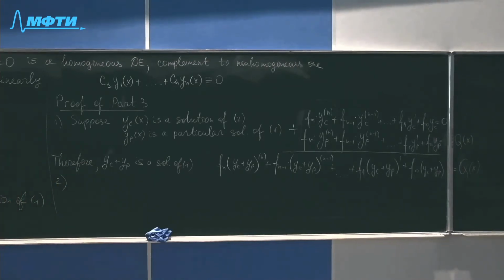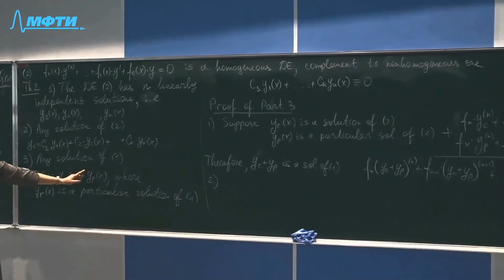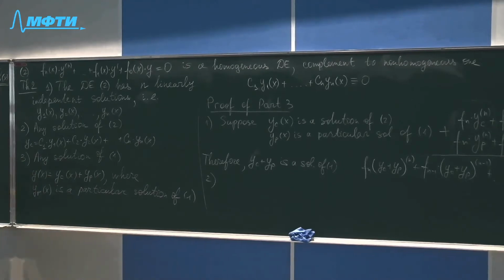Okay, so next, we must show the following. Suppose we know n linearly independent solutions of equation 2, and we can find their linear combination, so all linear combinations with arbitrary constants. And suppose we know some particular solution yp to the original differential equation.